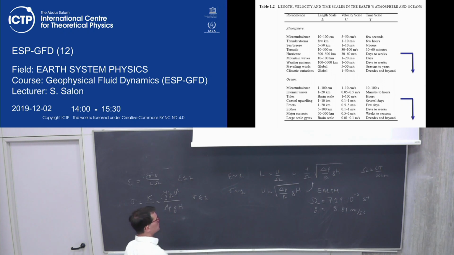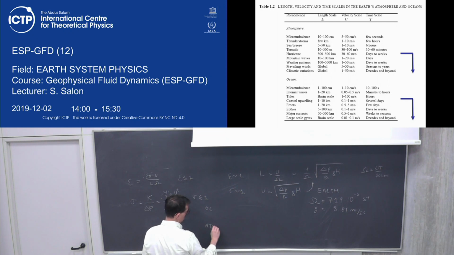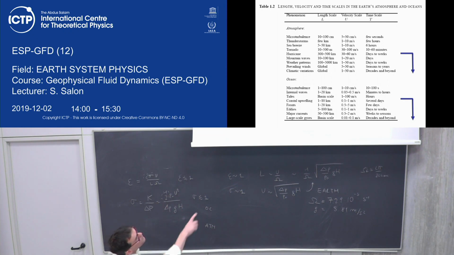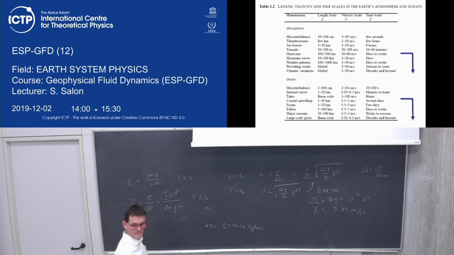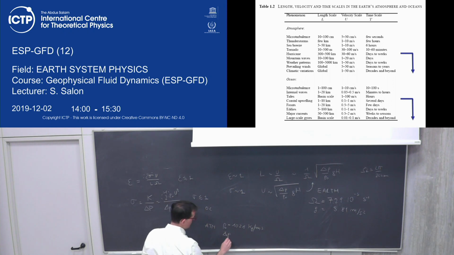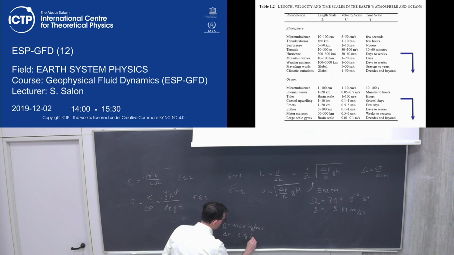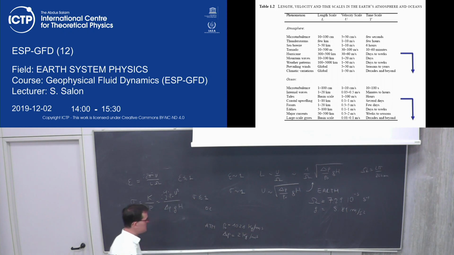Now let's look at our two friends, ocean and atmosphere. For the ocean, we can take from the table above a typical density, which is 1028 kilograms per cubic meter. We can take a typical variation of density, which is about, let's say, 2 kilograms per cubic meter.